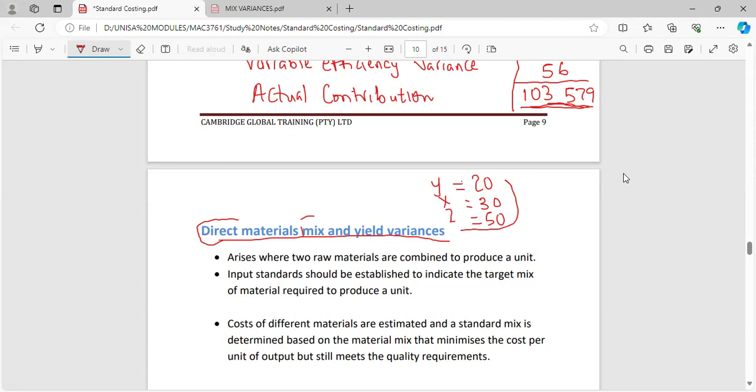What is going to be the mix? Is there anyone who can still remember how we calculate the sales mix? So what is going to be our mix on this one, the one that I just showed on the whiteboard? Our sales mix. We did this when we were doing, what do you call it?